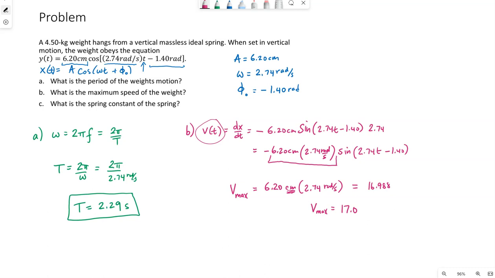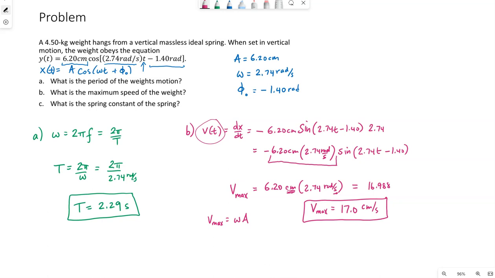Our units are going to be centimeters per second, because I left the amplitude in centimeters. Now, we did talk in an earlier video that Vmax is omega times A. You could totally use that from the get-go if you'd like. That's ultimately what we've done. All right, so that is the maximum speed, 17 centimeters per second.